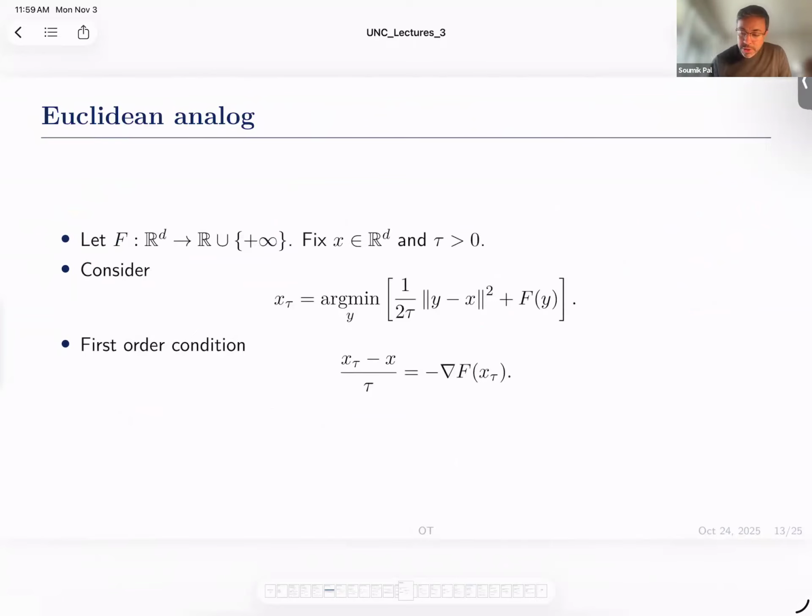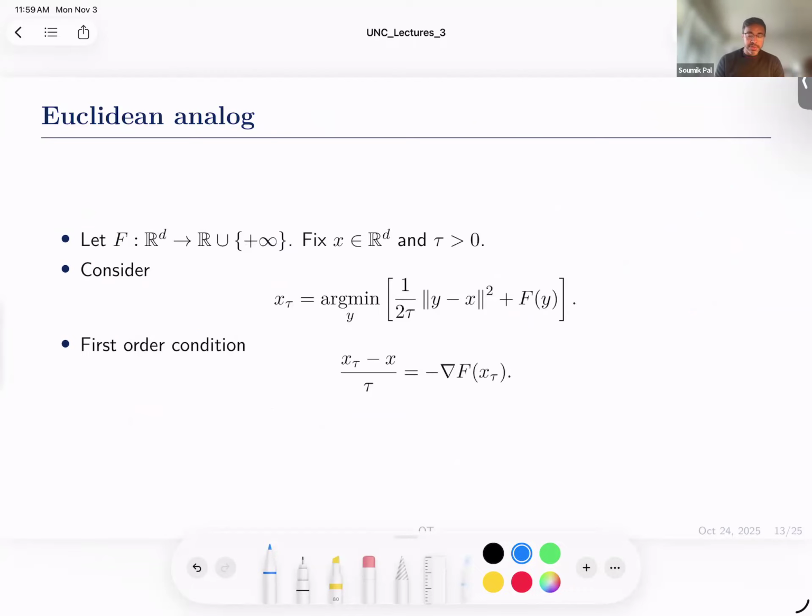If you have a function f in Euclidean space, taking R^d to R union infinity, fix a point x and a step size tau positive. Now you consider the argmin over y of 1 over 2 tau times the norm squared of y minus x, plus f of y. If you've done some optimization in machine learning, this is a very natural object to look at. People do this all the time.